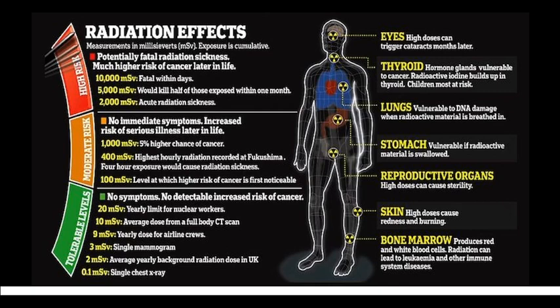So here you can see the different parts of the body which get affected due to long-term radiation. See, eyes, which can cause cataract. Thyroid, radioactive iodine builds up in the thyroid. What about lungs? DNA damage occurs when radioactive material is breathed in, so it is harmful to the lungs.